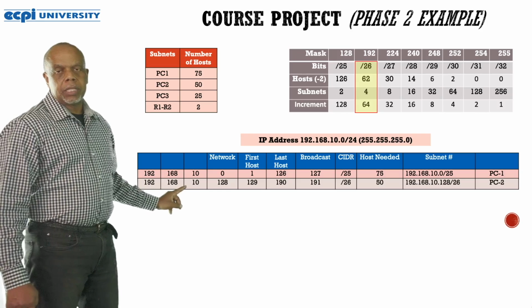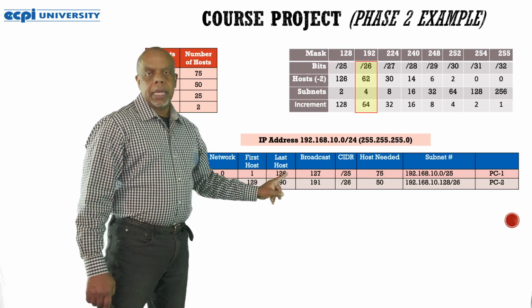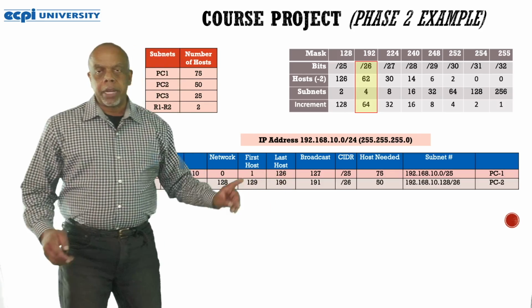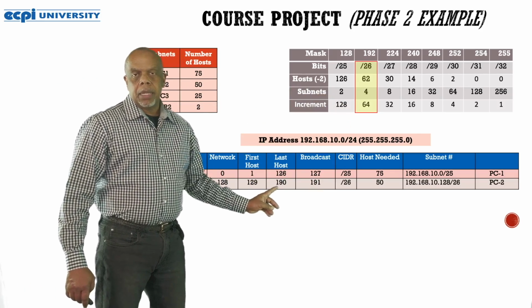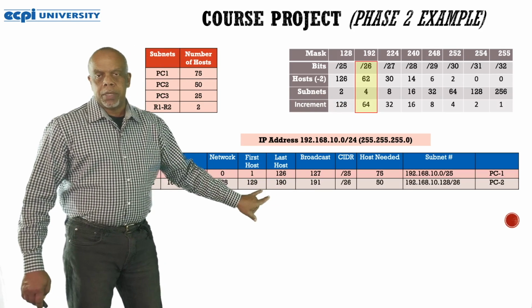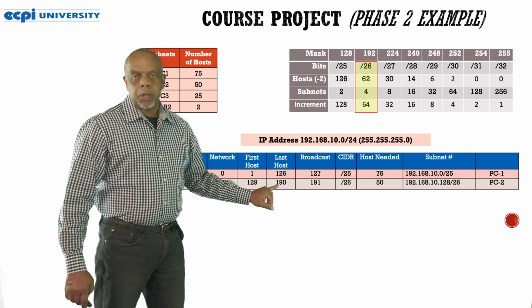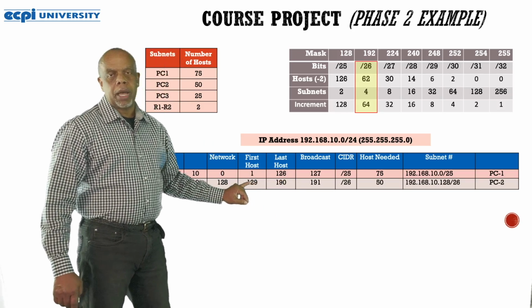So 192.168.10.128. The first one is going to be 129. The last one is going to be, because I'm incrementing at 64 now, right? So it's 129 plus the increment at 64, which means there are 62 usable. So that'll be from 129 to 190. Those are my 62 usable IP addresses.